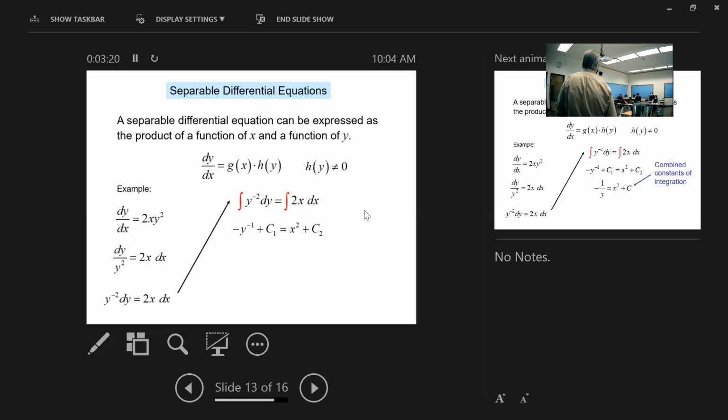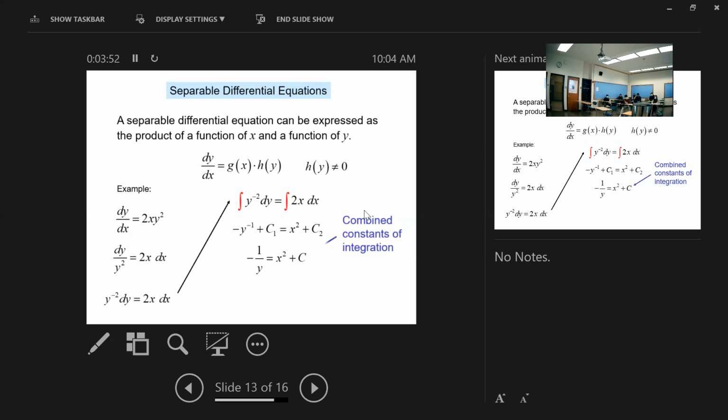The only reason you get the ln is if the power in the denominator is a 1. Why? Because anti-differentiating that would give you -1 plus 1 is 0, divided by 0. That's what introduces ln. This is just plain old power rule reverse, which would take you here.